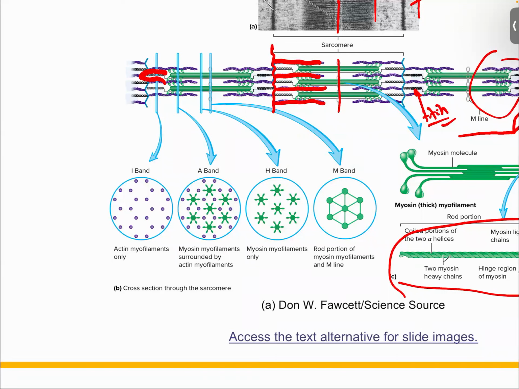So notice you see the actin arranged in this hexagonal shape, but in the center of it, you see the myosins also contacting every single corner of the hexagon. And in every single corner of the hexagon, you're going to find a filament of actin. Now, what are the little blobby stars on the myosin? Those are the heads. Each one of these little blobs on the star is the myosin head.